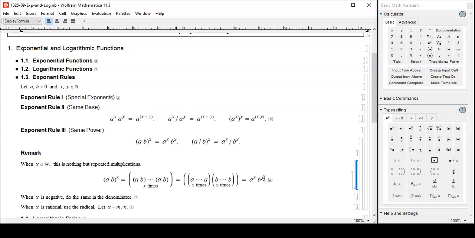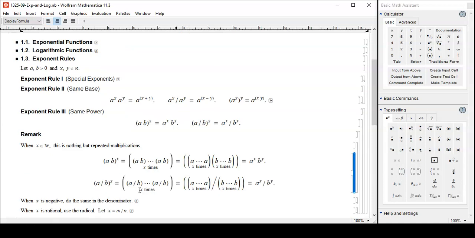Make sense? And the same thing goes for the division. a over b times a over b times a over b, and so on, total x times. Numerator, a to the x power. Denominator, b multiplied x times. So we have a to the x power over b to the x power.